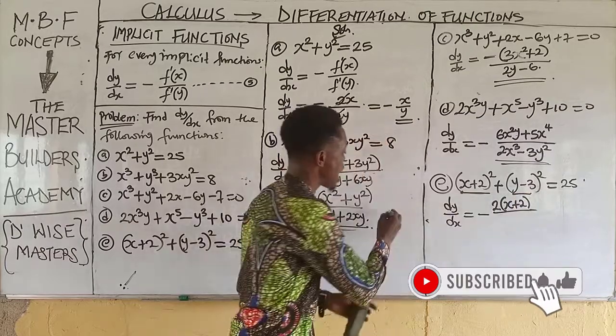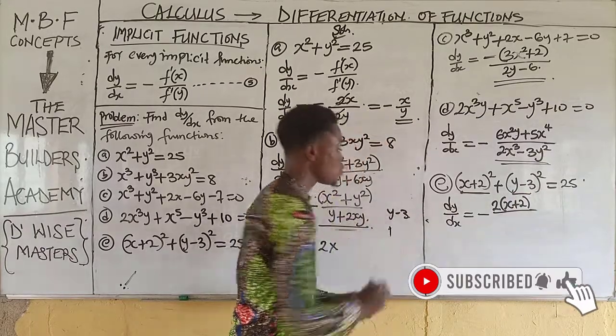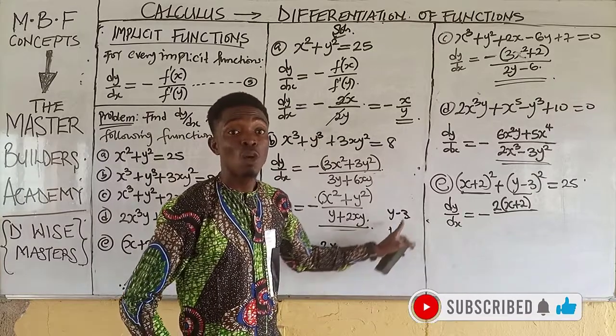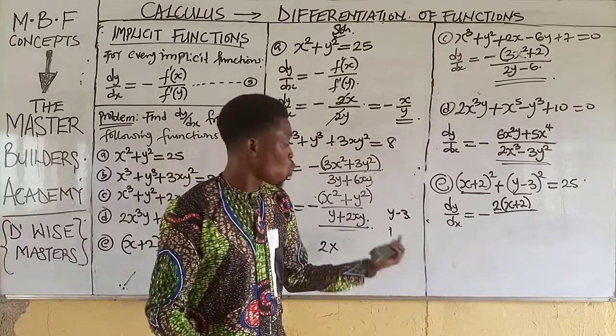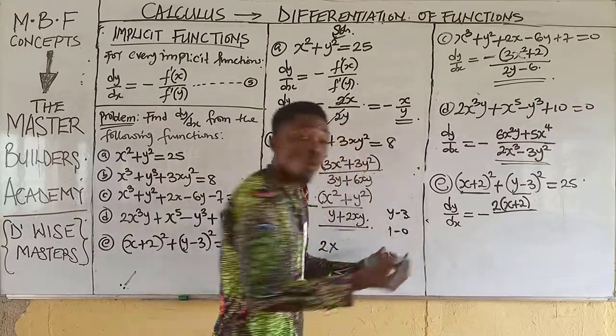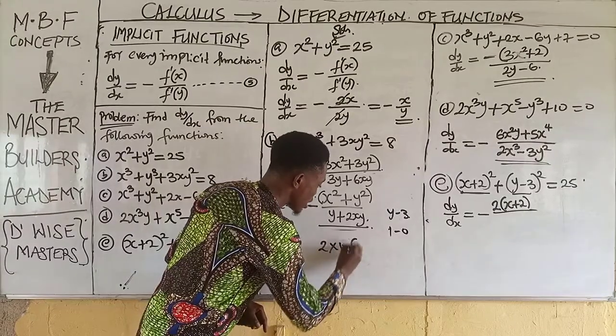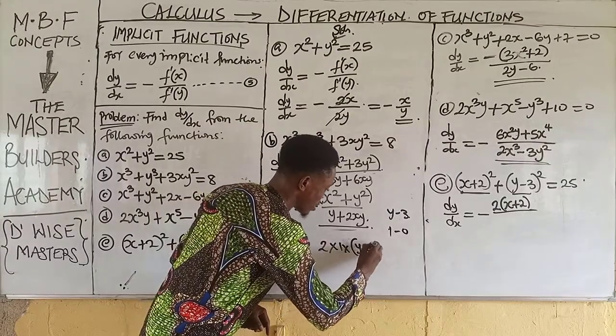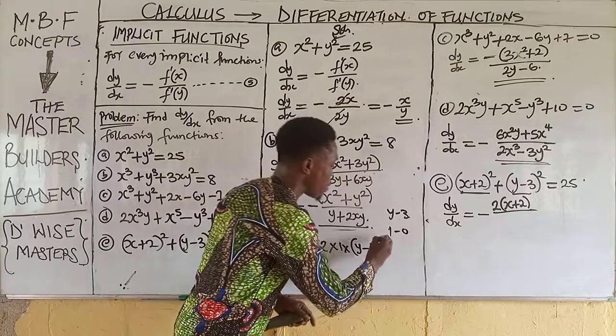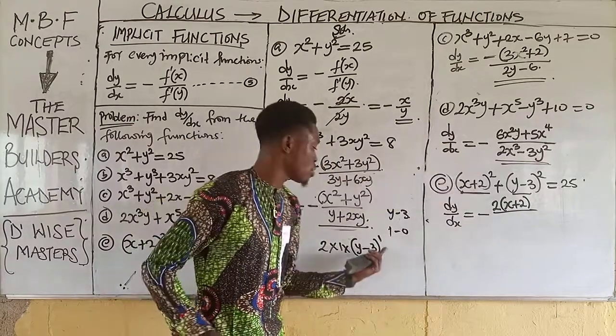When you differentiate y minus 3, when you differentiate y, you have 1. When you differentiate minus 3, that's 0. So 1 minus 0 is 1. So multiply by 1, then multiply by the whole bracket repeated, and reduce the power by 1. If you reduce 2 by 1, you have 1.